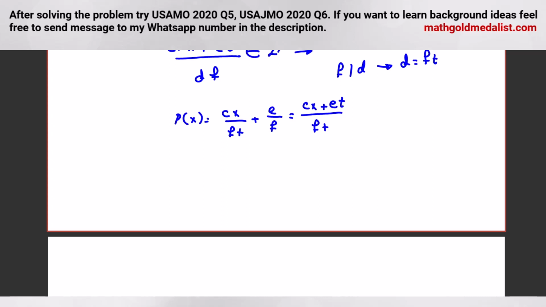Okay. So let's do something. Do you agree we can say P of x is increasing or decreasing? P of x is increasing. Why? Because we said C over D is positive. Exactly.